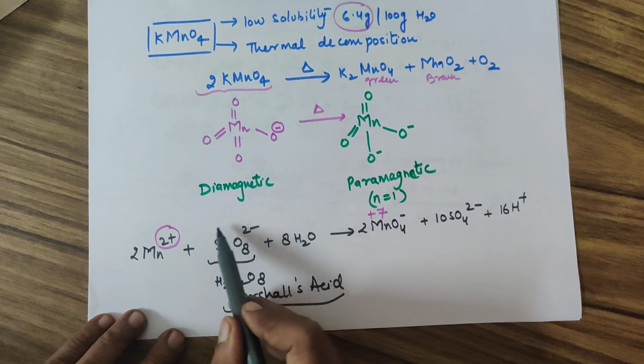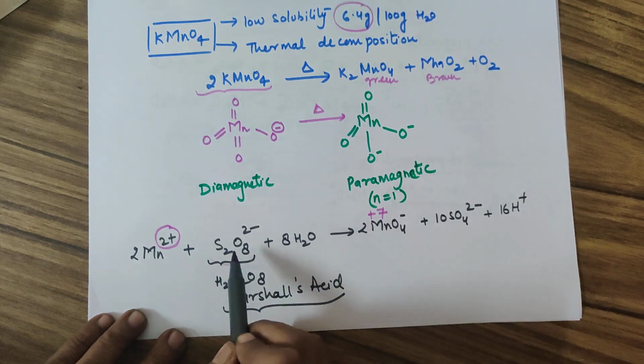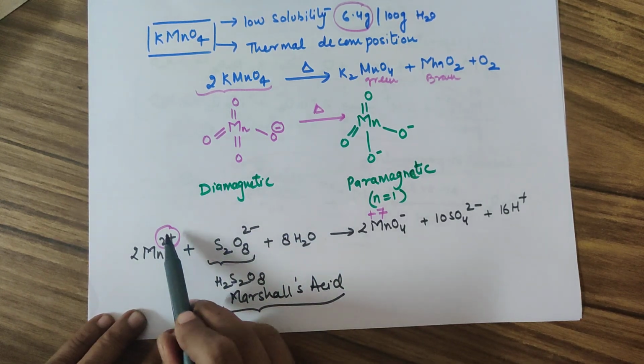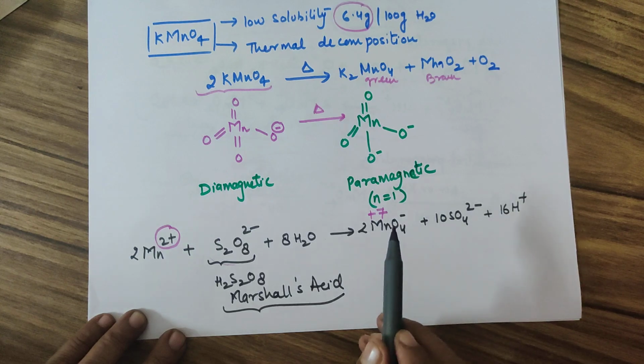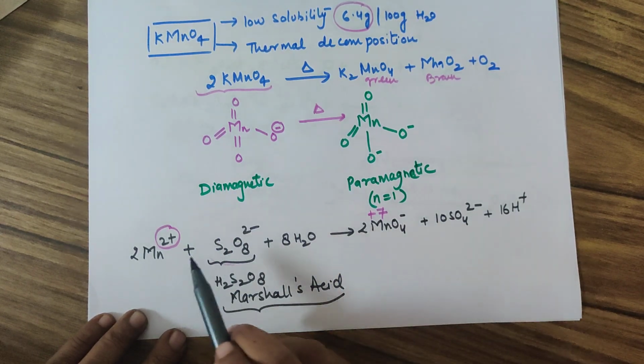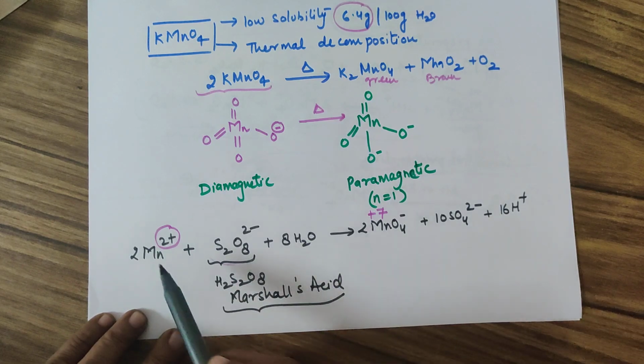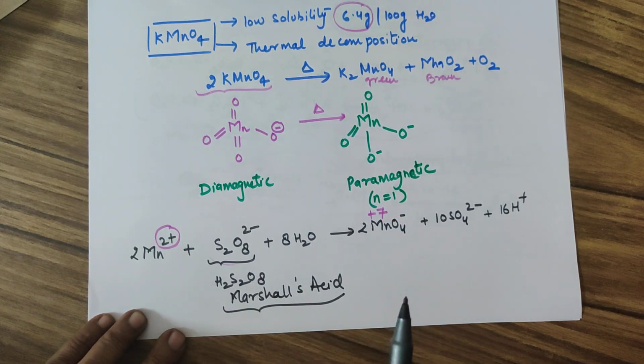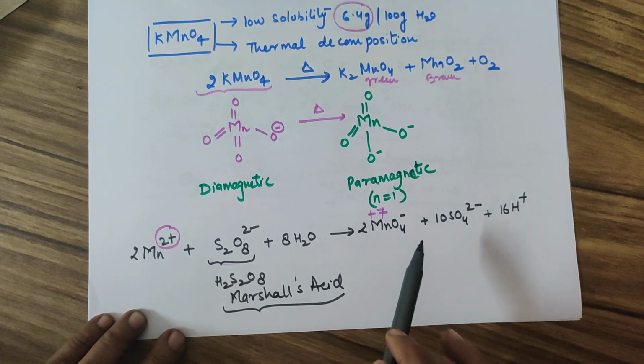Meaning this component of Marshall's acid is capable of oxidizing Mn2+ to Mn7+. It is much more a stronger oxidizing agent as compared to your KMnO4 also. So it is able to oxidize Mn2+ into purple colored MnO4 minus. So that's an important property of this particular acid. Fine.